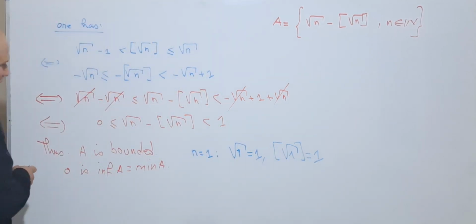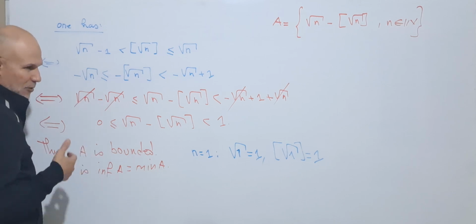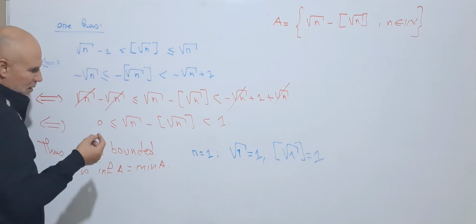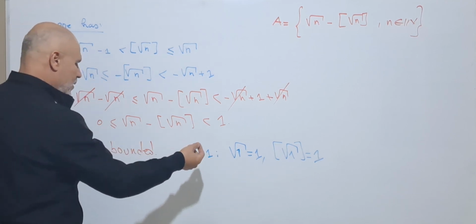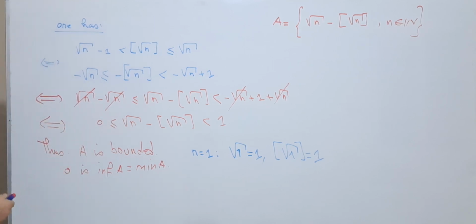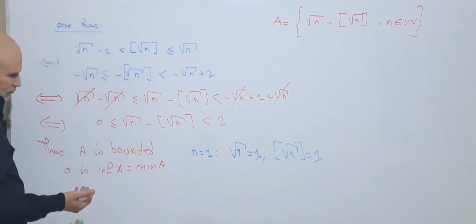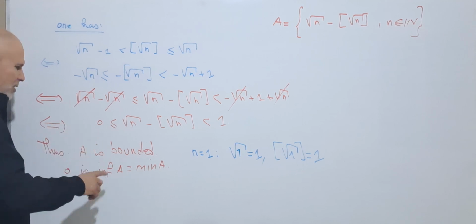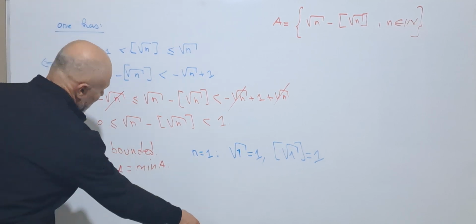For n equal 4, we have the same thing. For n equal 9, we have the same thing. So we find values of n such that we have equality, and this is exactly the definition of the minimum of a set. So for the infimum, we don't need to use the characterization, since it is equal to the minimum.